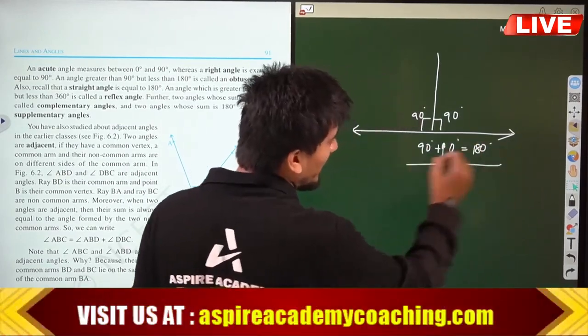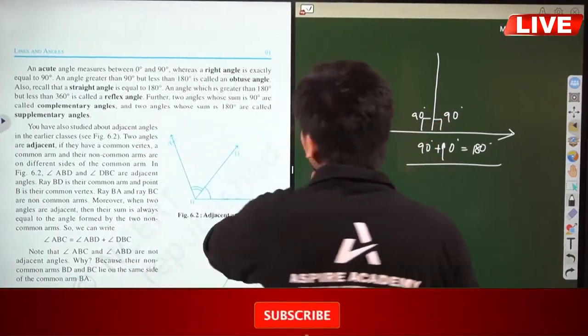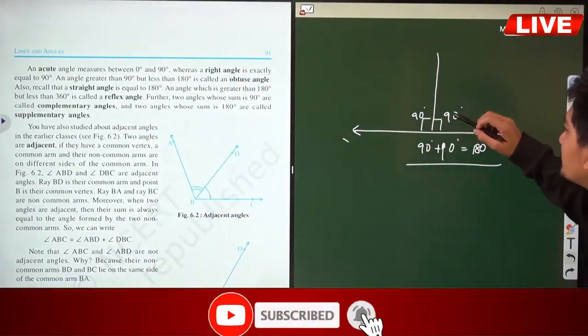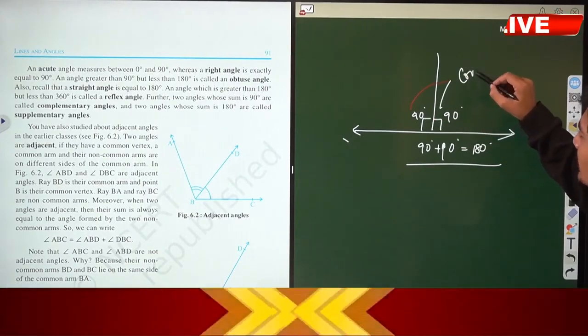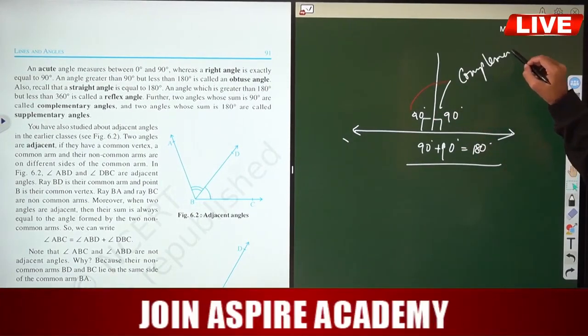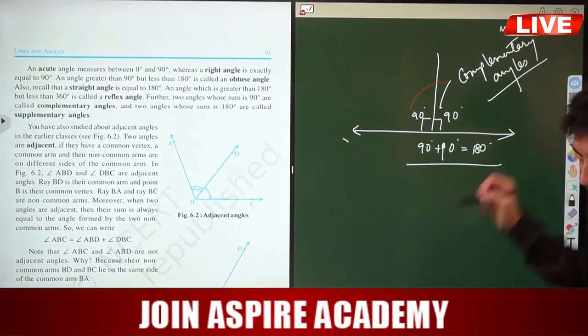That means a straight line has 180 degrees, and these two angles are known as complementary angles. Okay, they are known as complementary angles.